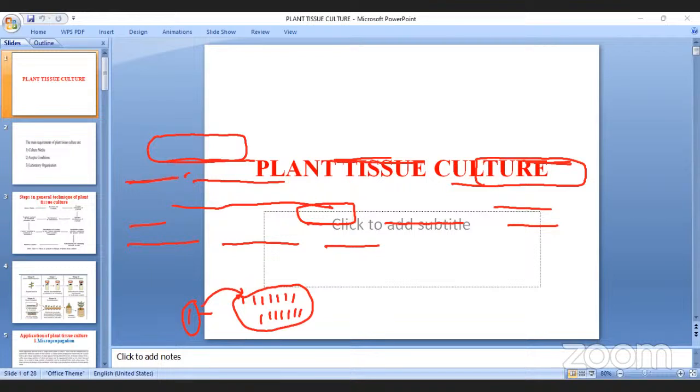Somaclonal variations are usually heritable for qualitative as well as quantitative characters of the plant. That means this is the cultured plant; from this explant you selected a number of plants, but while culturing there are changes. When you fertilize these plants, the changes are also carried forward to the next offspring. That is the important thing.